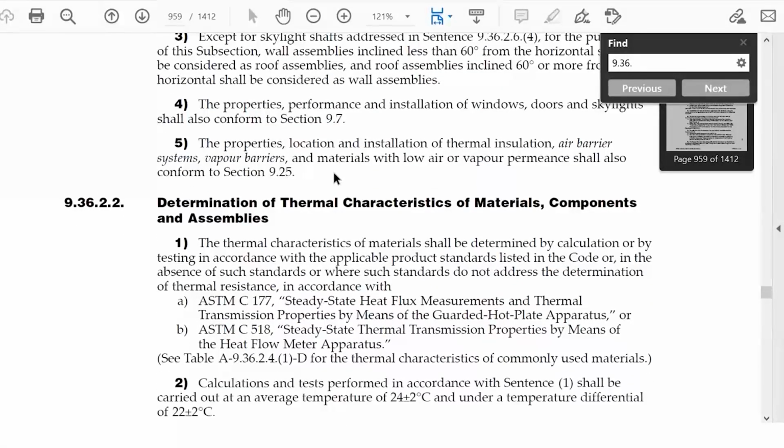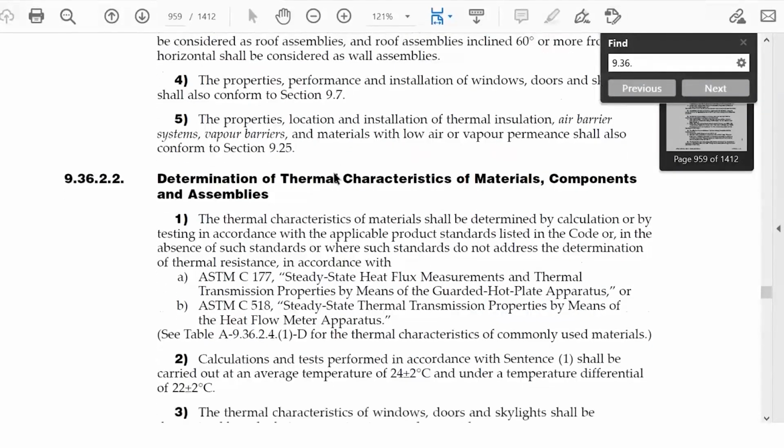So this is reminding us that we also need to conform to the provisions of 9.7, and that we need to go to 9.25 for air barriers, thermal insulation, and vapor barriers, and materials with low air and vapor permeance shall also conform to section 9.25, where we're looking at heat transfer, basically performance of building materials.